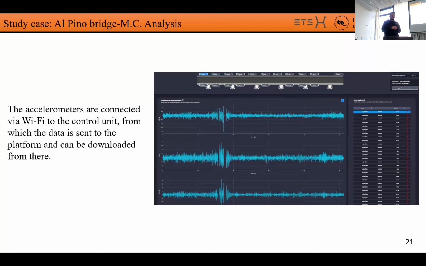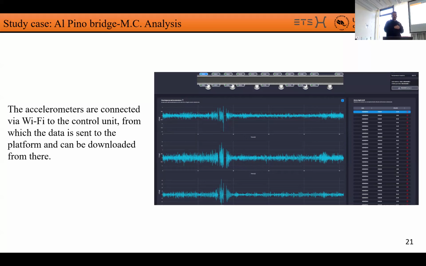All the accelerometers are connected via Wi-Fi to a central unit. From the central unit, the recordings were sent to a web platform from which it's possible to download all the records. We use a sampling rate of 160 Hertz, and every hour we have a record length of basically 50 seconds.